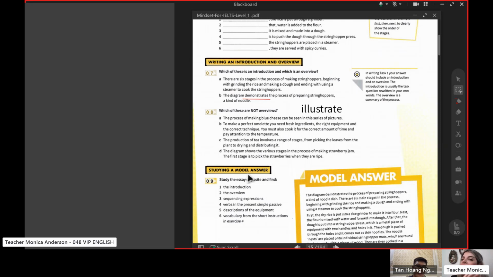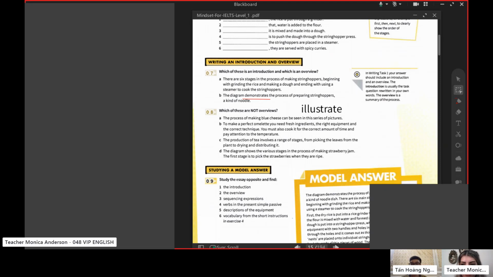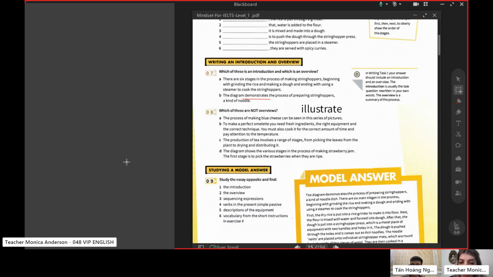And what are the ingredients? No detail. Equipment, no detail. And the method, no detail. So this can be an overview, like we wrote before.